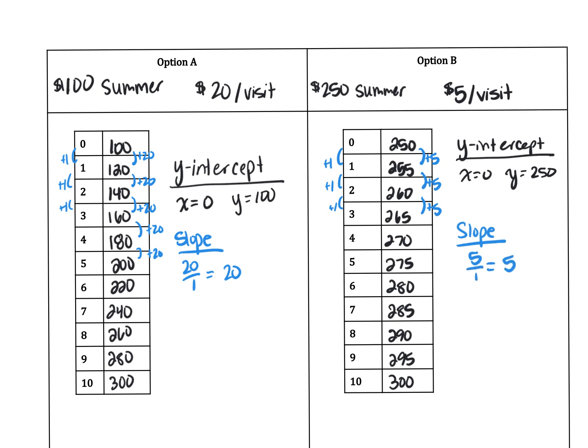So now we have everything we need to write our linear equations. And our linear equation for option A would be y equals our slope, which is 20, times x, plus our y-intercept of 100. And our equation for option B would be y equals our slope, which is 5x, plus our y-intercept of 250.